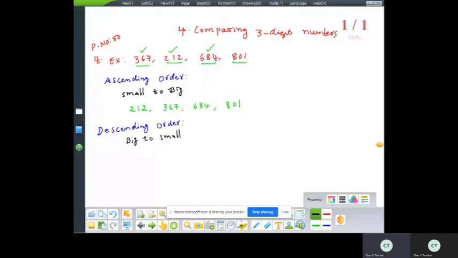We can write the numbers from big to small, or it is a reverse process of ascending order. See, from the given numbers, which one is the biggest one? First biggest number is 801.